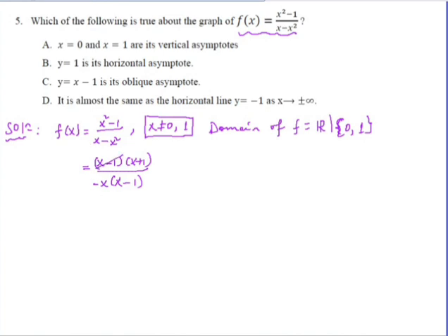Now we do have something that can be cancelled out, so that the function f becomes the negative of x plus 1 over x. Okay, so this is our function in its simplified form. Obviously, the function will have a hole where x minus 1 becomes 0. That means at x equals 1, f has a hole.